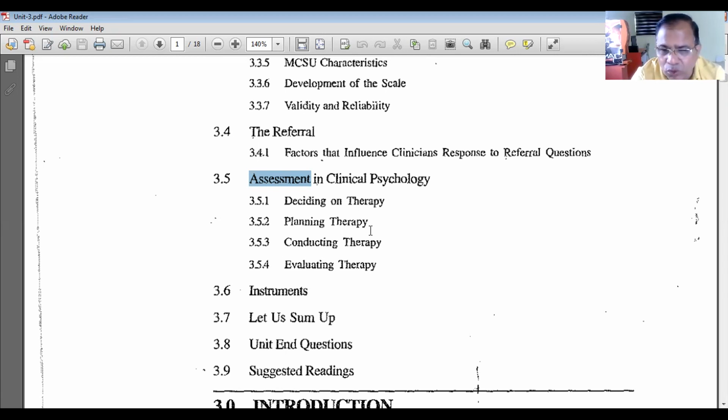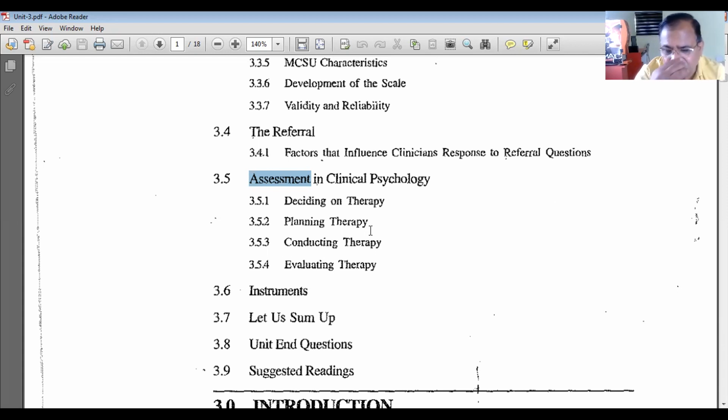You have to also tell expected result of the therapy. And you have to also tell whether your therapy will be successful or not. If succeeded, then what? If failed, then what? So that is called as planning the therapy.